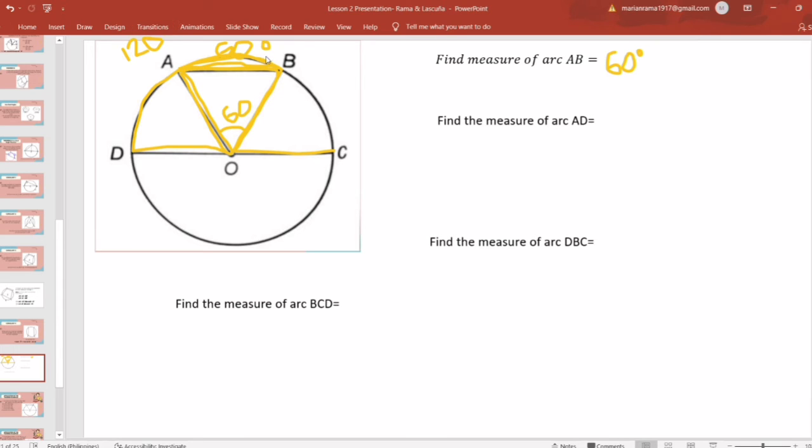Because the measure of arc DB is 120 and the measure of arc AB is 60, then the measure of arc DB will be equal to the measure of arc AD plus the measure of arc AB. This will be our formula.